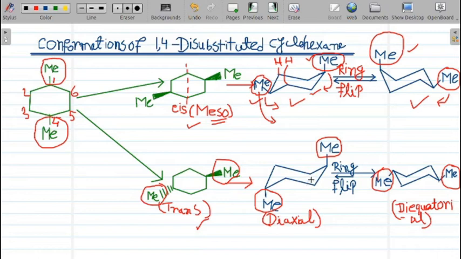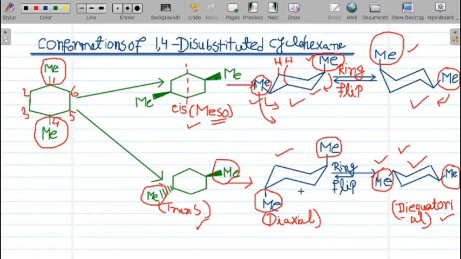In this diaxial conformer, 1,3-diaxial interaction is present. So the diaxial conformer is less stable than the di-equatorial conformer of the 1,4-disubstituted cyclohexane, because in the diaxial conformation there will be more steric strain, but in the di-equatorial conformer there will be less steric strain.